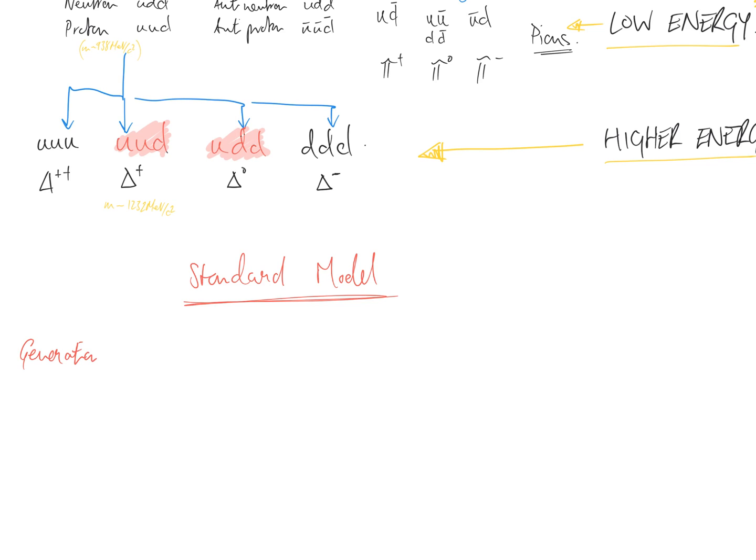Right, the standard model. So, let me write down generation. In other words, how much energy do they have? First generation. We're going to look at the quarks first. And the first generation quarks are very much the up and the down.